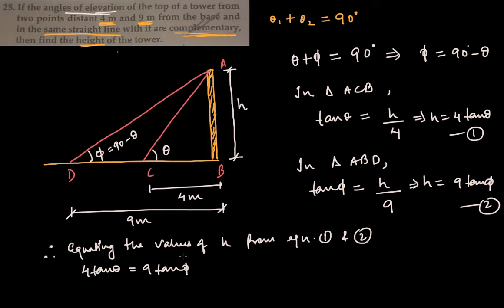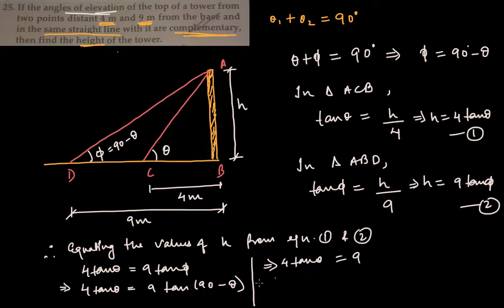Now you know that phi is nothing but 90 minus theta. So this gives us 4 tan theta is equal to 9 times tan of 90 minus theta. And according to the concept of complementary angles, I can say 4 tan theta is equal to 9 times, now tan of 90 minus theta is nothing but cot of theta, right?